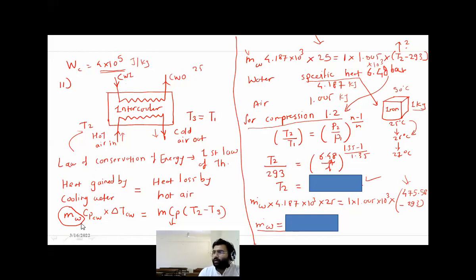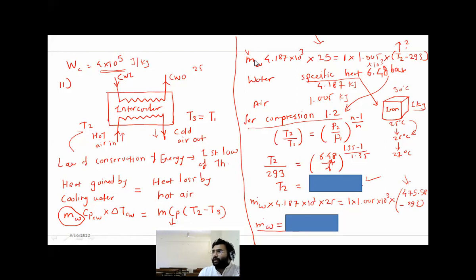So mass flow rate of water into its specific heat into change in temperature of cooling water equals mass flow rate of air into specific heat of air into delta T. Delta T means change in temperature, T2 minus T3. T2 was the incoming air temperature, T3 is the outgoing air temperature.